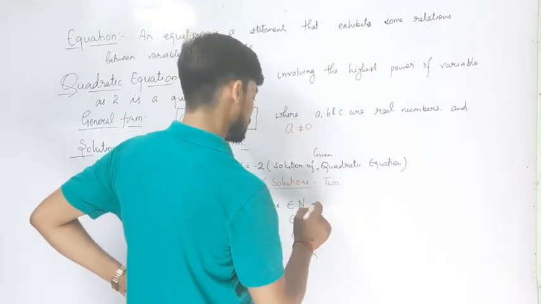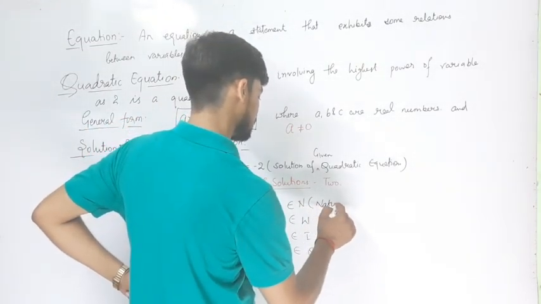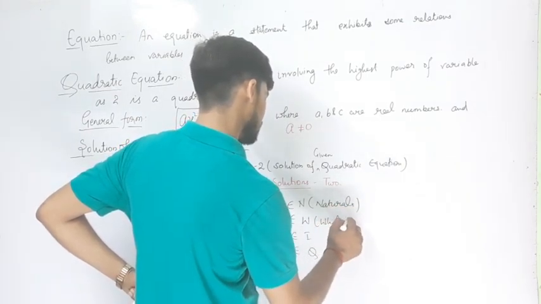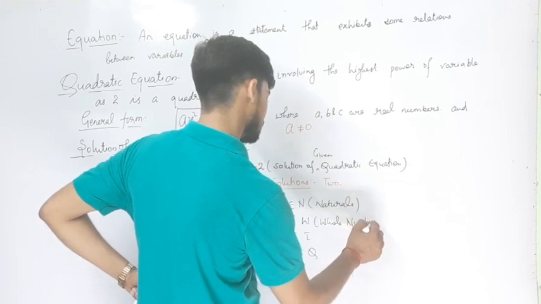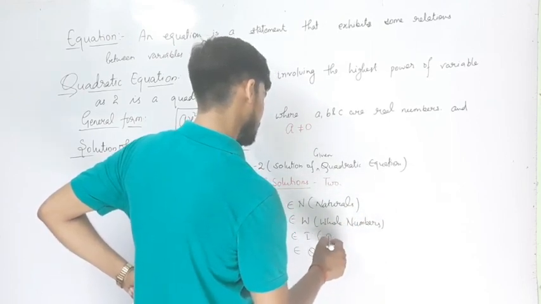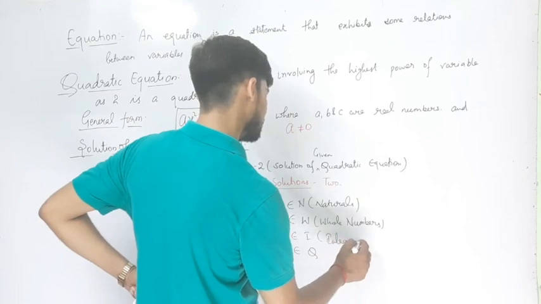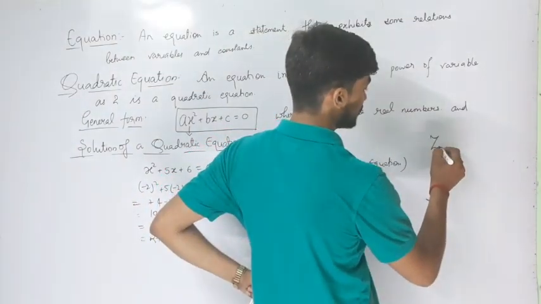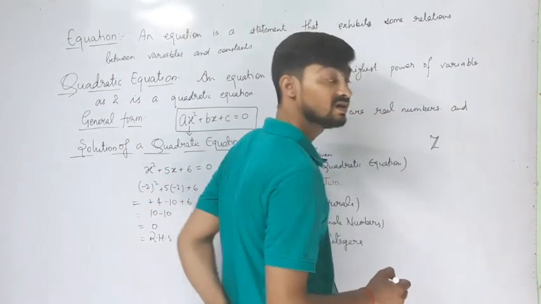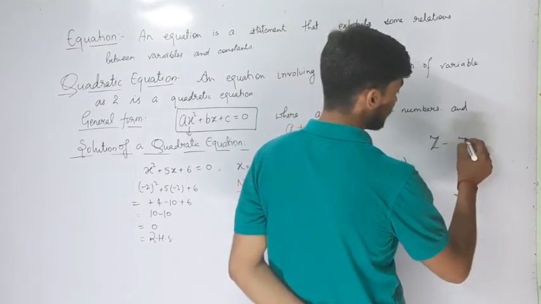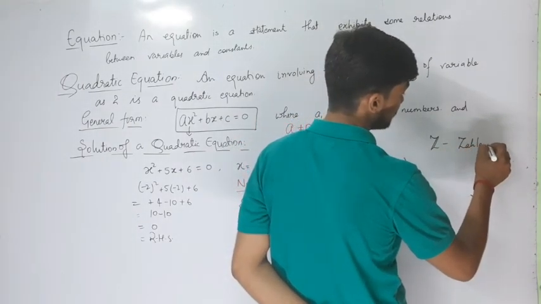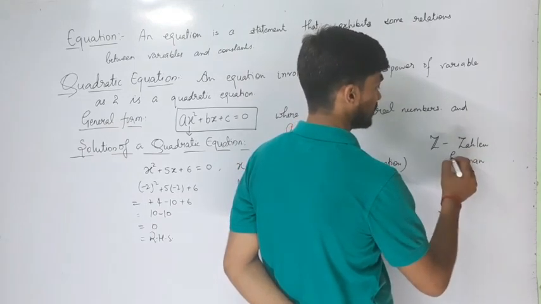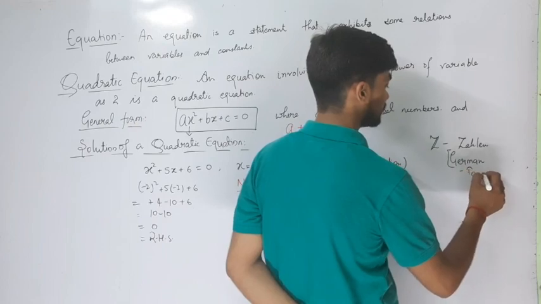This is natural numbers. Here whole numbers, here integers. Somewhere you will find integers represented by Z. Z is the letter used to represent integers, and it has a full name, Zahlen. Zahlen is a German word, and it means to count.